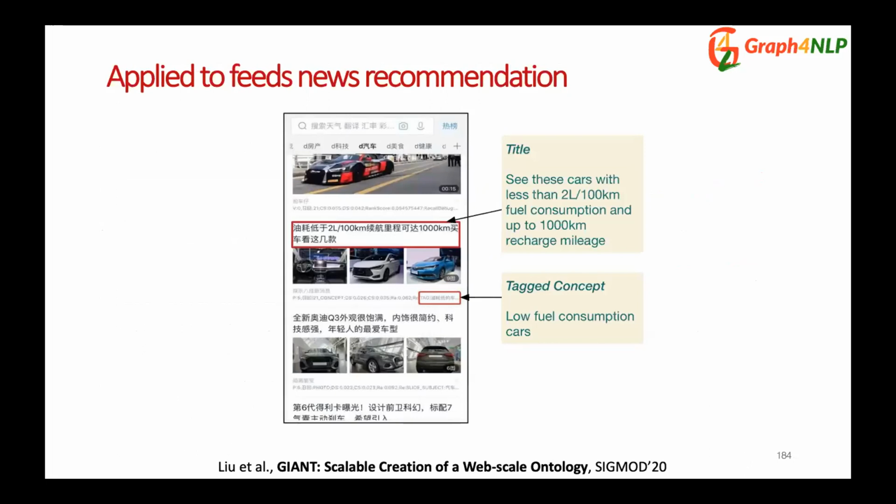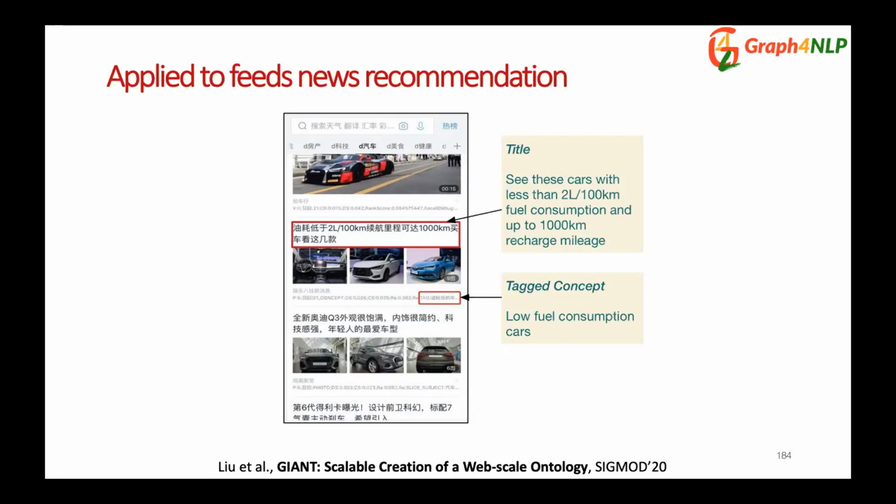By combining all these different techniques, we apply our GIANT system to news recommendation in different applications. Here is the application. If you have different news articles in the news stream, we have implicit tagging for each document. For example, for this document, the title is "See this car with less than 12 per 100 km fuel consumption and up to 100 km recharge mileage."